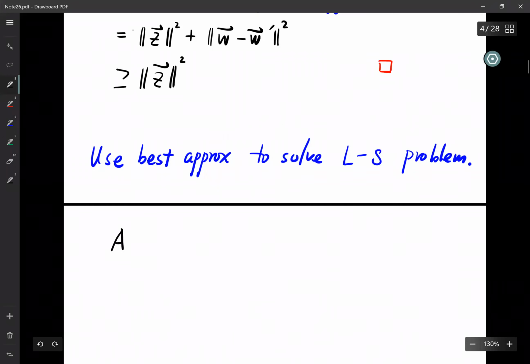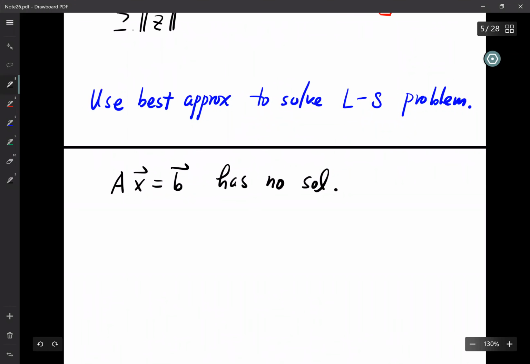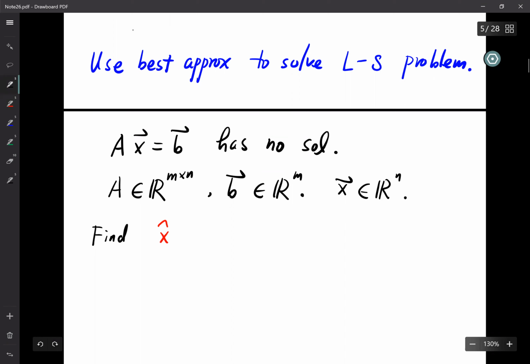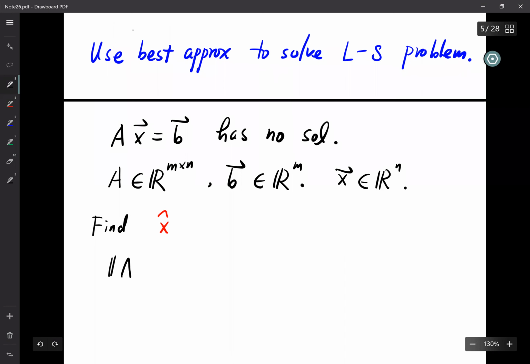So our starting point is that Ax = b has no solution. There's nothing we can do about that. But for concreteness, let's say A is m by n, b is in R^m, so the solution is in R^n. We can always ask whether we can find a least squares solution, where the smallest error is being made.